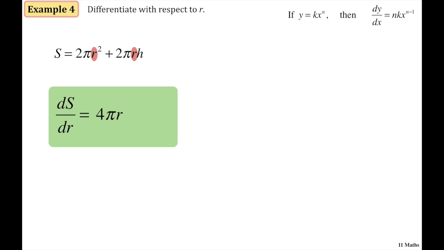The next part, well, we're focusing on the r. Now that r has a 1 above it, so the 1 gets multiplied to the 2. We get 2 pi h, don't worry about the order, and the power above the r becomes a 0. So you just end up with 2 pi h, and there's our derivative with respect to r.